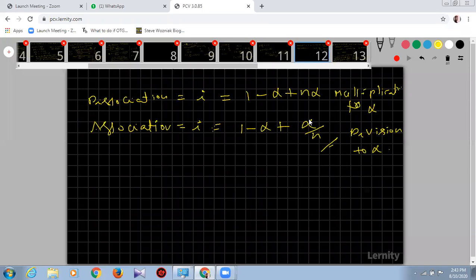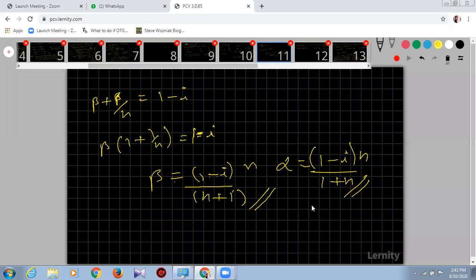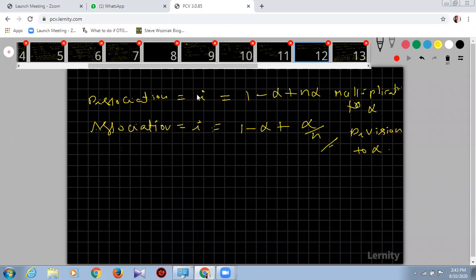Because it's somewhat vague, better you go for the earlier one. In dissociation, the number of particles is increasing, that's why you multiply. Association means the number is decreasing, that's why you divide.